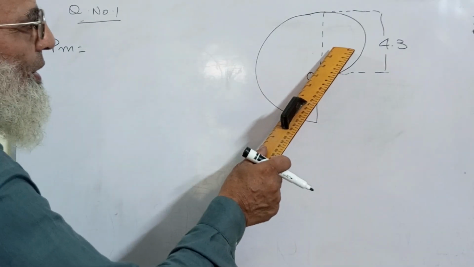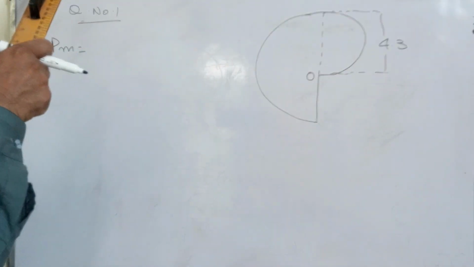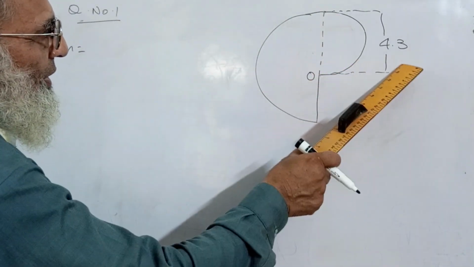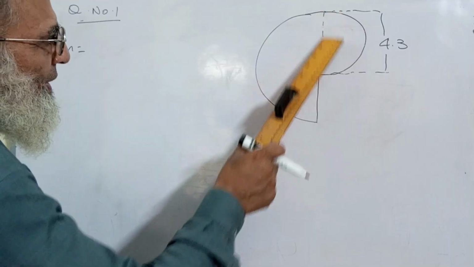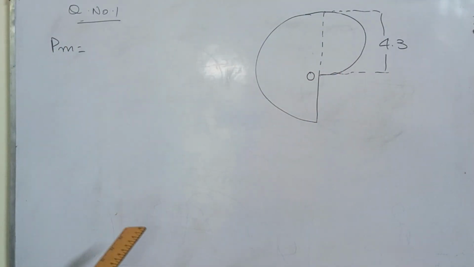That means this circle is half of this circle, because this is the diameter of this circle and this is the radius of the larger circle.